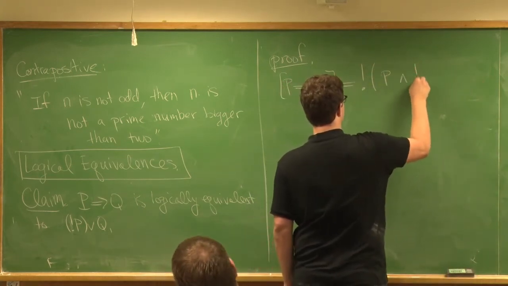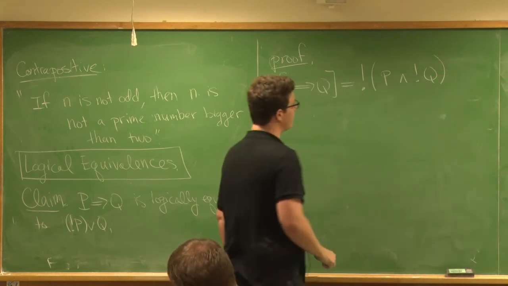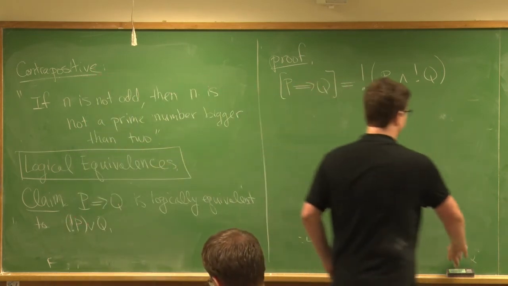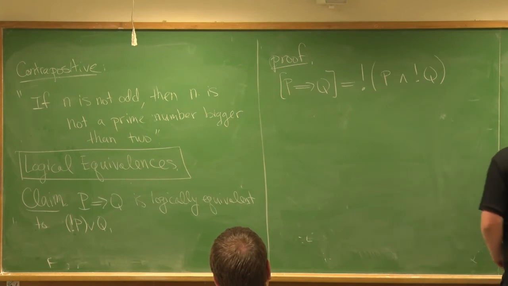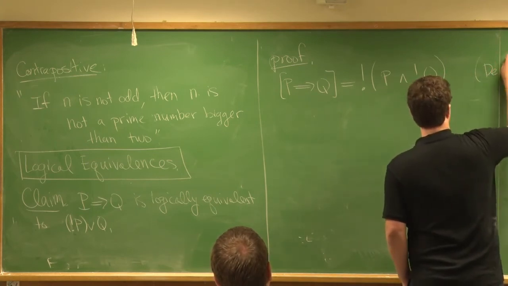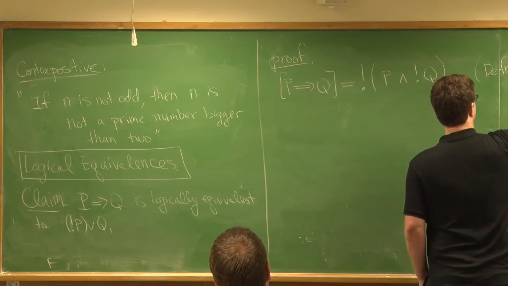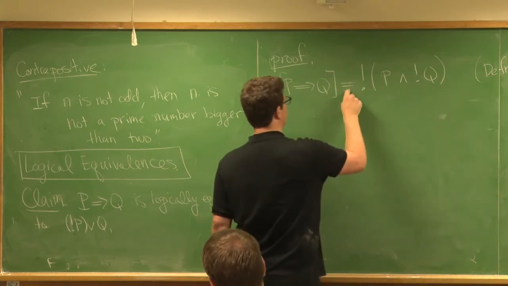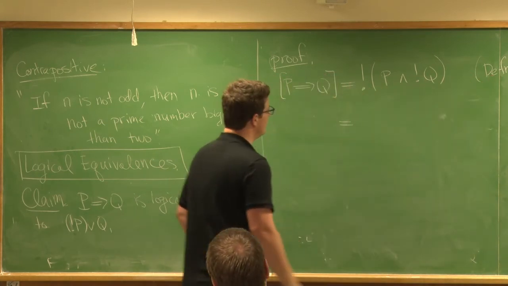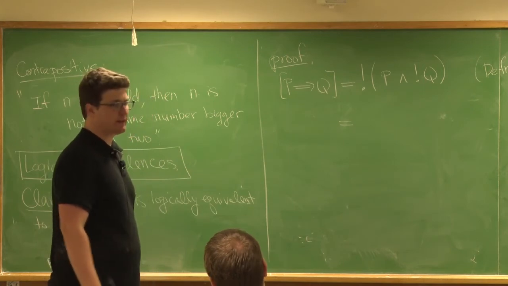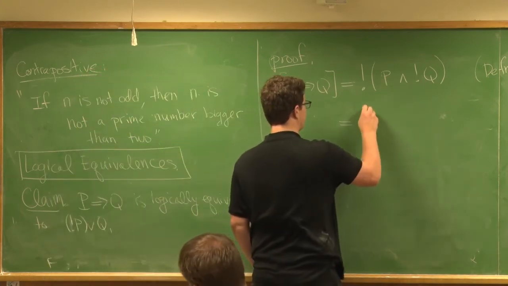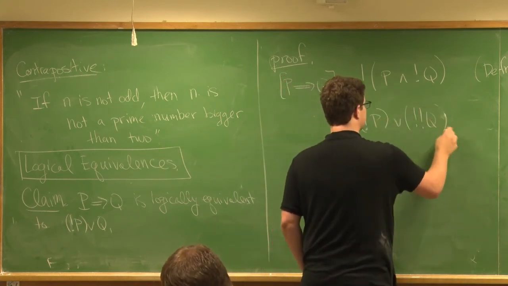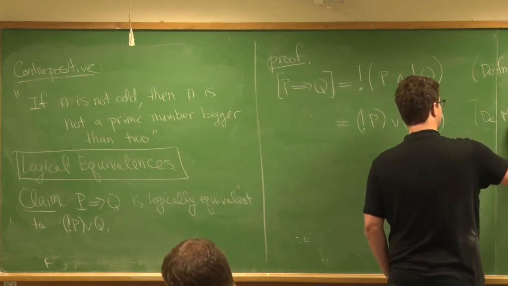I'll write the steps of what I'm using over on this side. So this is the definition of the implication. The parenthetical will be an explanation of this equality. Now we can use De Morgan's laws, which allow you to distribute and flip. So this is not P or not not Q, by De Morgan's.